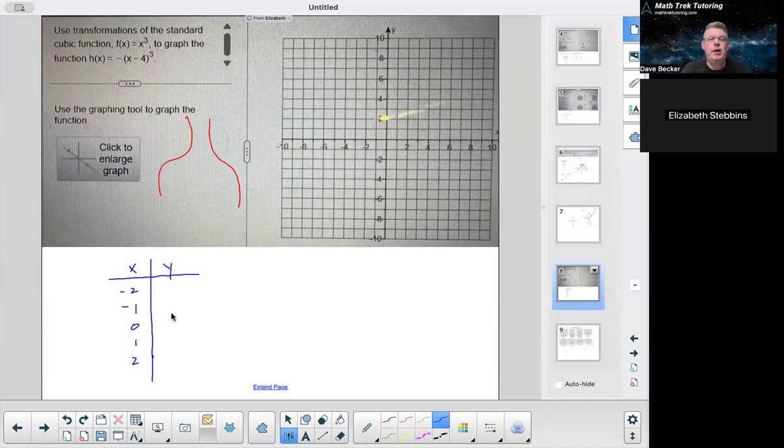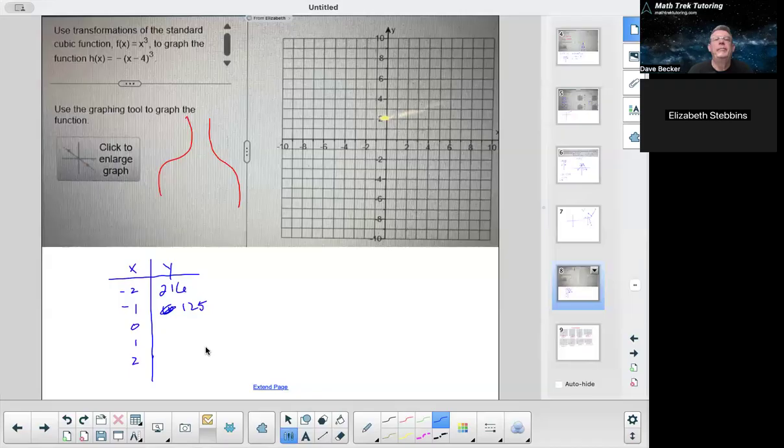So parentheses, -2, minus 4. Are you fine plugging stuff in? Yeah. So it's 216. If we plug in -1, we get 125. Okay, great.